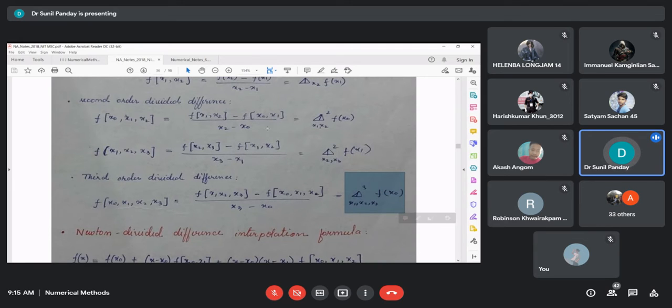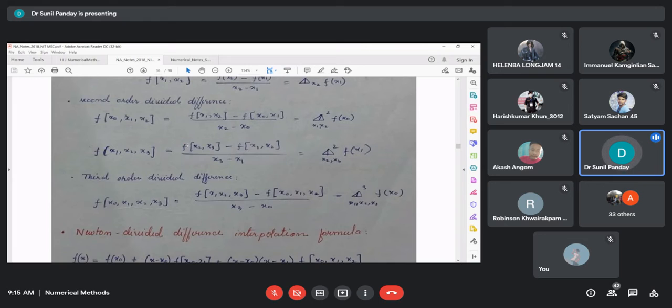So this is the way we defined our first order. This is a notation, we can interpret it as a function also, but it is a notation to represent the second order divided difference, the third order divided difference, and in general you can define the nth order divided difference also. Here to calculate the third order divided difference, I require these two second order divided differences, so I substitute the value of this from here.